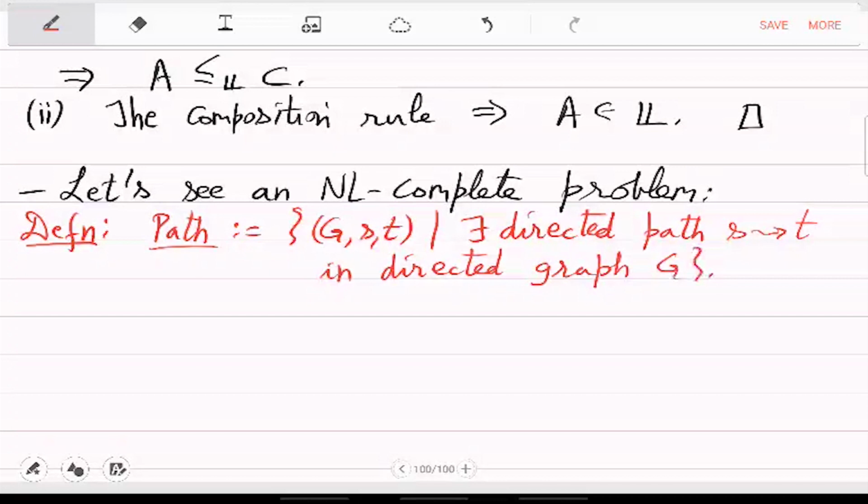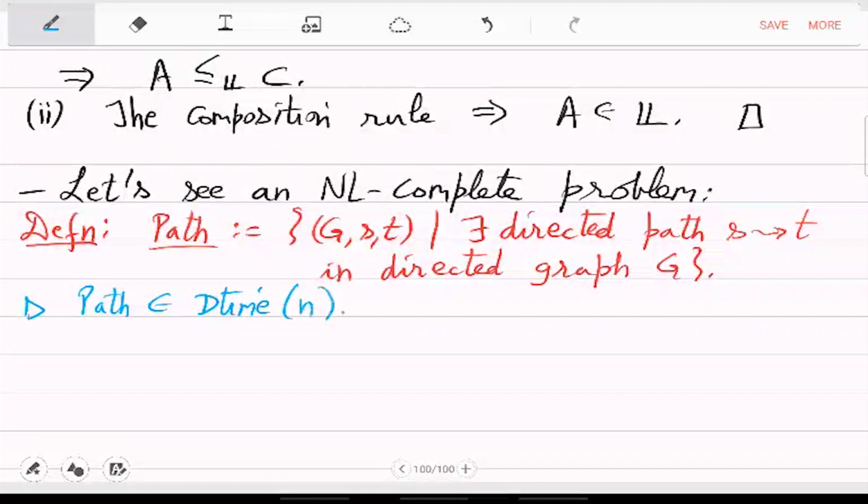So PATH: given a directed graph and two vertices, source and target, is there a directed path? These are the yes instances. Practically it's a very simple problem. You can actually solve PATH in linear time. So time-wise it's quite easy.